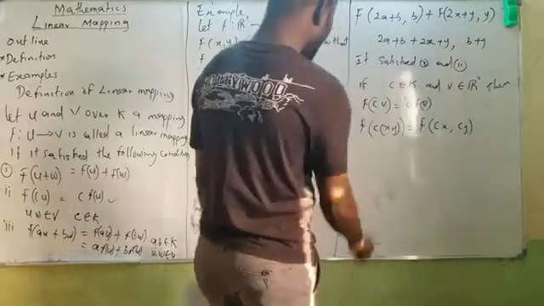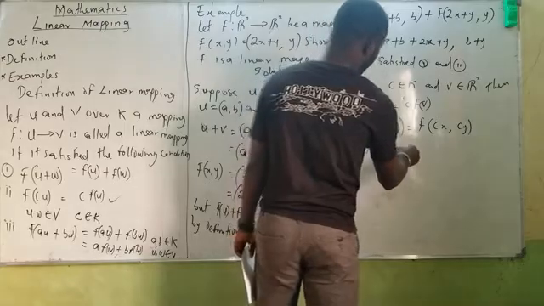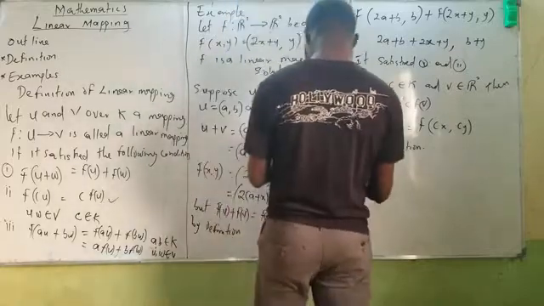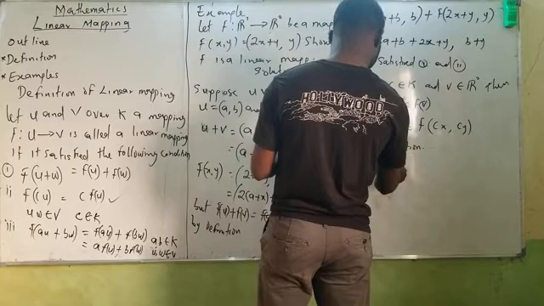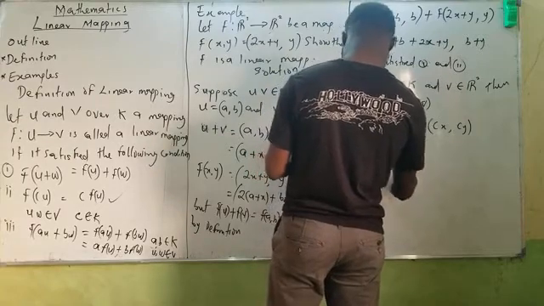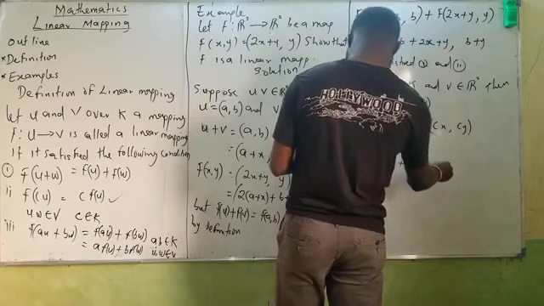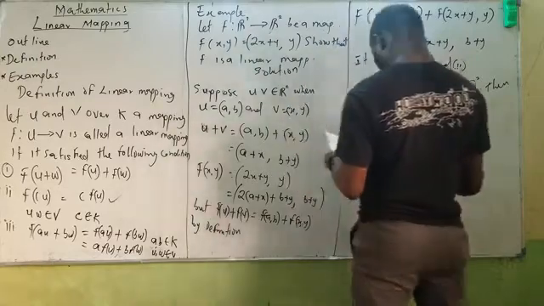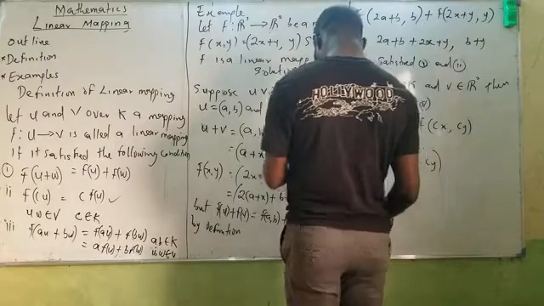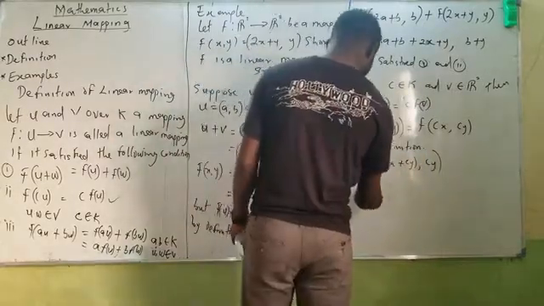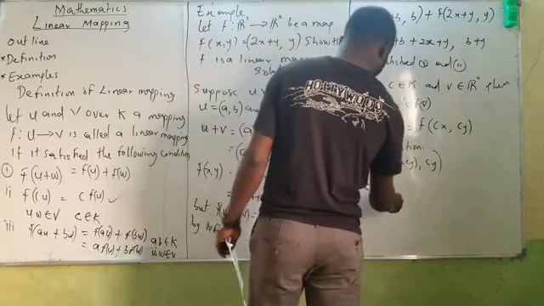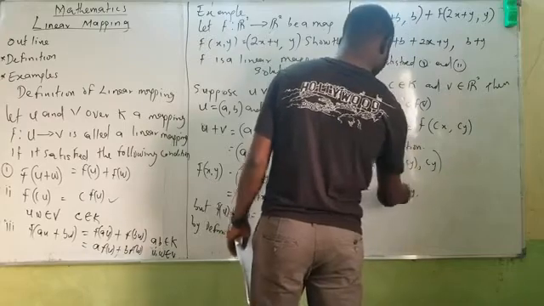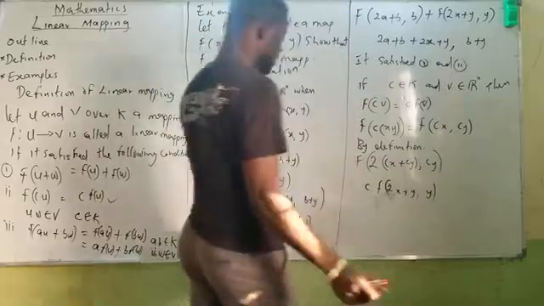Since I have this, by definition, it means f of (2cx plus cy, cy) I can write as c times (2x plus y, y). Can you see? Yes.